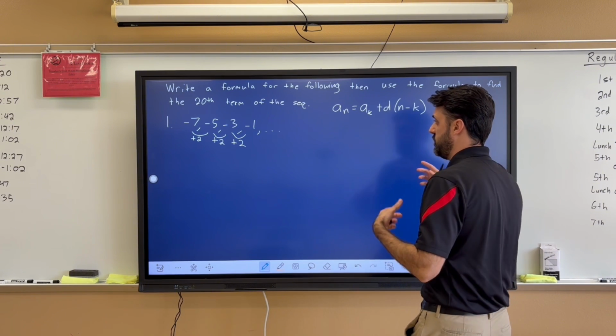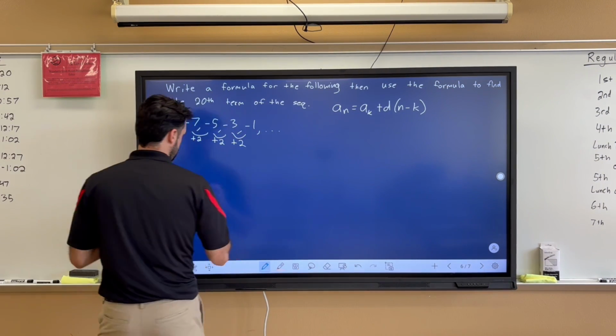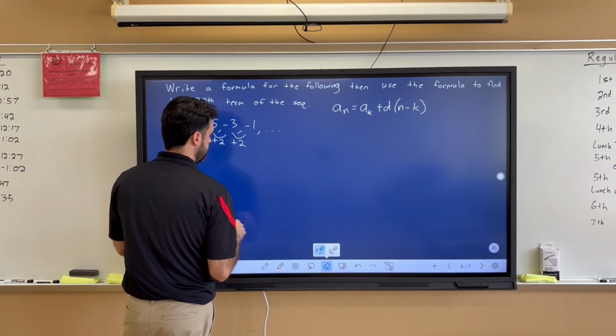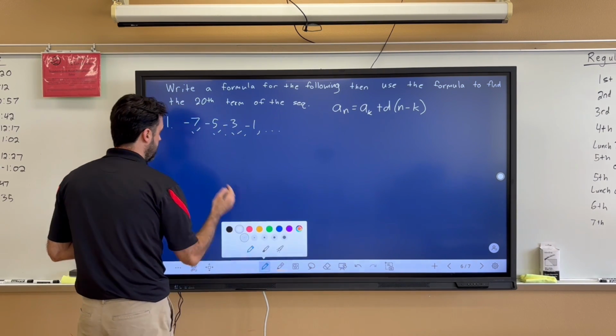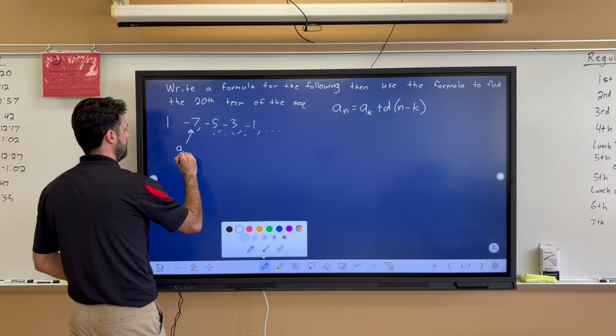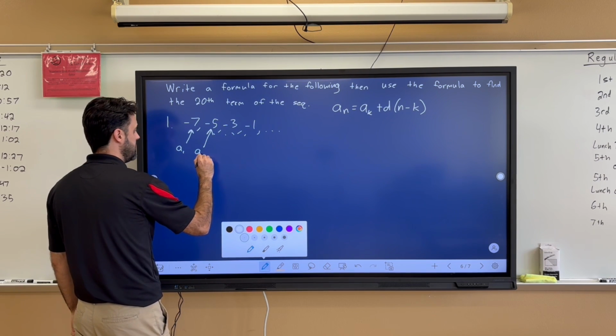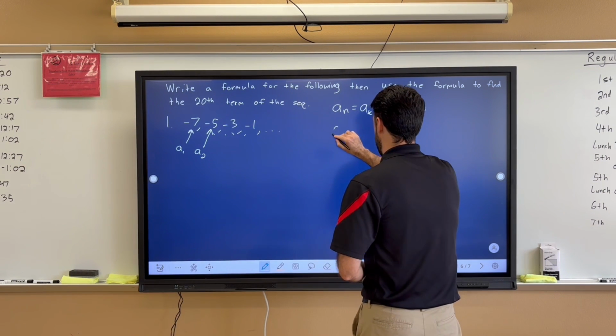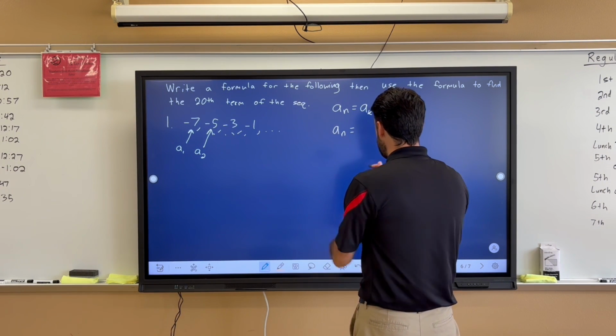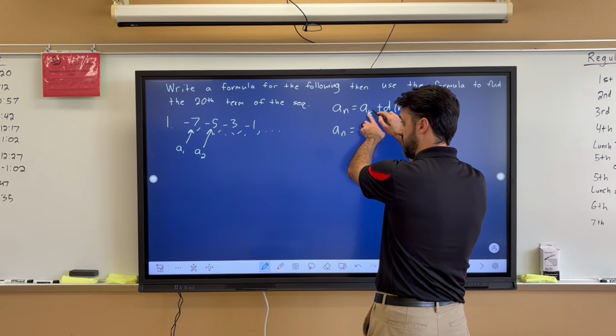So we actually get to choose what term we start with. So if we want to start with the first term, this is a sub 1. This is a sub 2. We could use any of them. I usually just start with the first term. So a sub n is going to equal, we're choosing k to be 1, so it's going to be the first term.